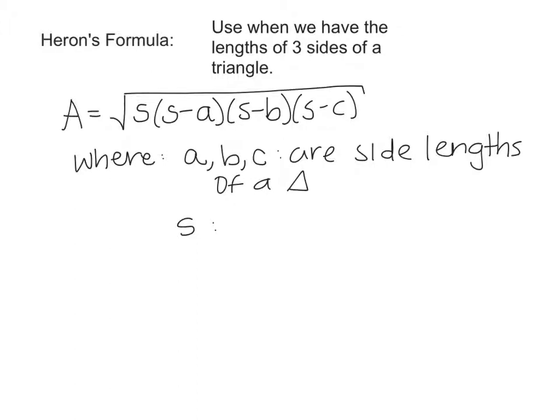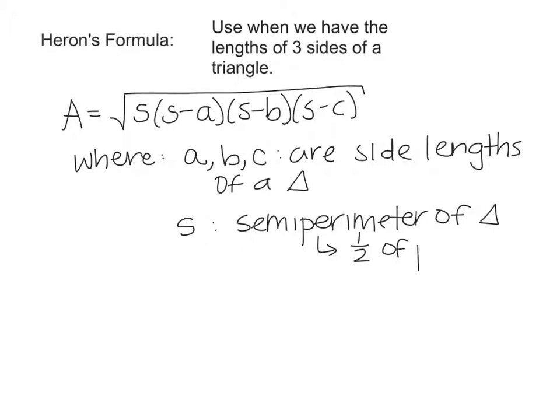is called the semi-perimeter of the triangle. Now that has its own formula. So the semi-perimeter, that means that it's half, right? Semicircle, half. So half of the full perimeter of the polygon.